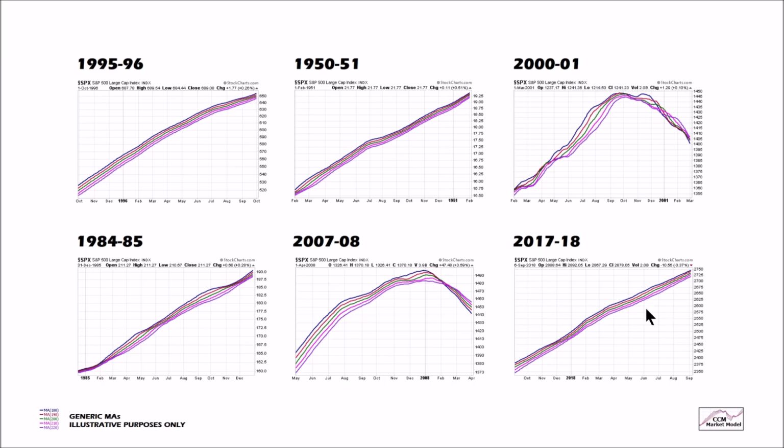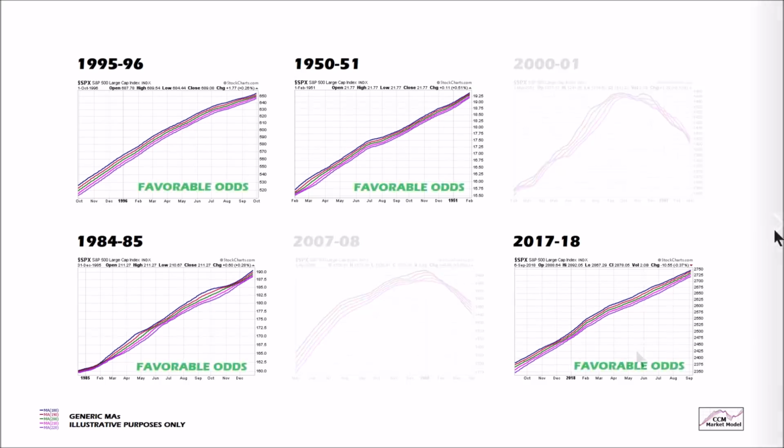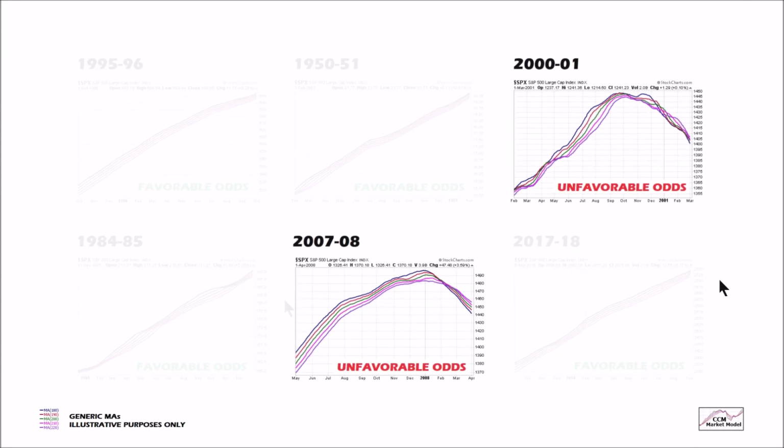This chart is dated September 6th, 2018. In all 6 cases, we're looking at the same generic and, for illustrative purposes only, moving averages. If we look at them in isolation, it's very, very easy to see. The present day looks a lot more like these periods that featured favorable odds and really doesn't look anything like these periods with unfavorable odds.